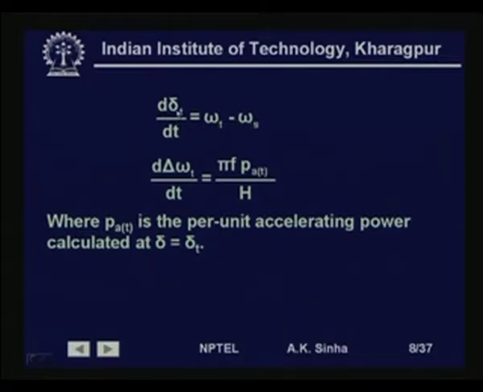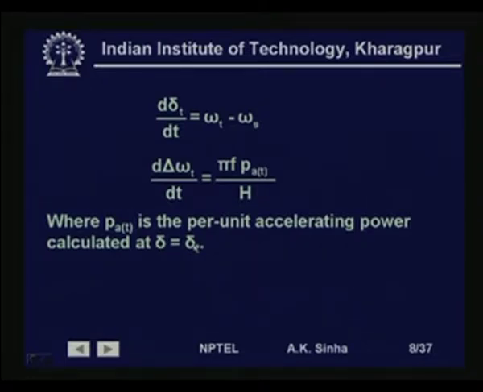So, d delta t by dt is given by this relationship, differentiating again with respect to t. So, we will get d delta omega t by dt is equal to pi f by H into P a at time t, where P a at time t is the per unit accelerating power calculated at delta is equal to delta t.